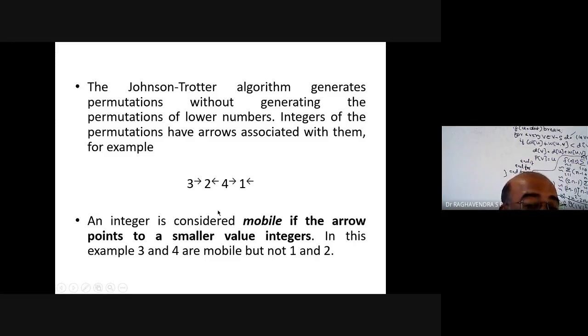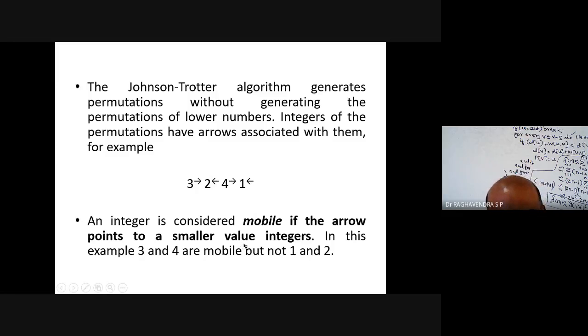If you have a number, look here, which is the largest number among these? 4. Suppose this 4, it points to a smaller number than itself. So in this case, 4 is pointing towards 1. And since 1 is less than 4, 4 will be declared as mobile.